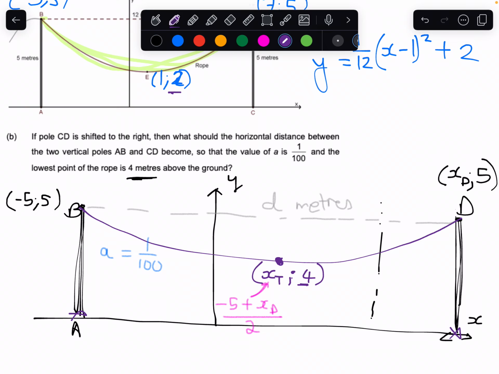For instance, the point -5, 5 has not changed. What I'm trying to establish is, has the parabola moved up? If you change the a, does that move the parabola up?